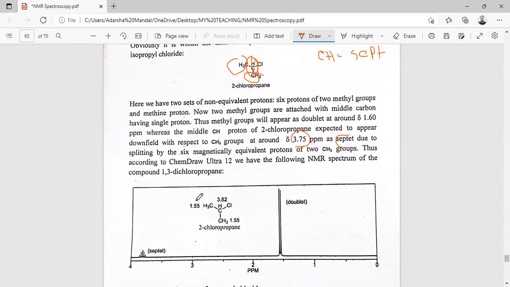This is the NMR spectrum. Here the CH3 comes at about 1.55 as a doublet, and here the CH as a septet. So the intensity is 6:1.